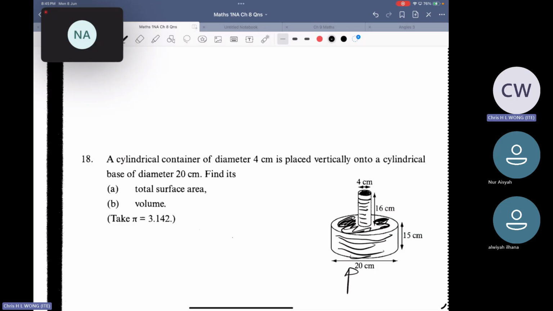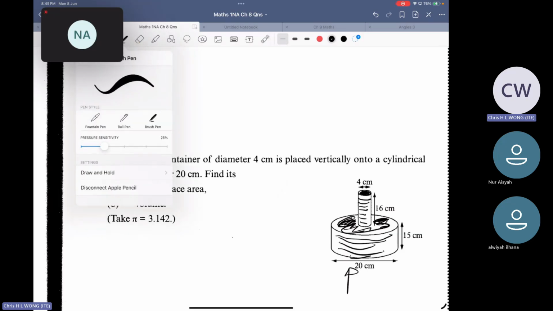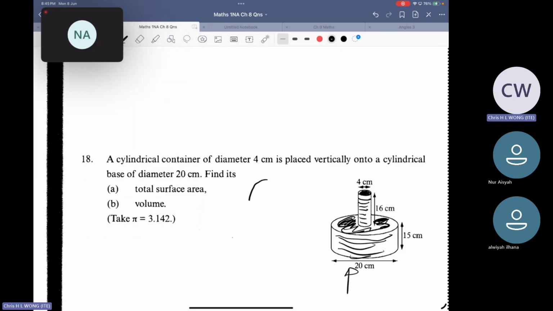Same thing. If you look from the top, what do you see? Two circles, right?